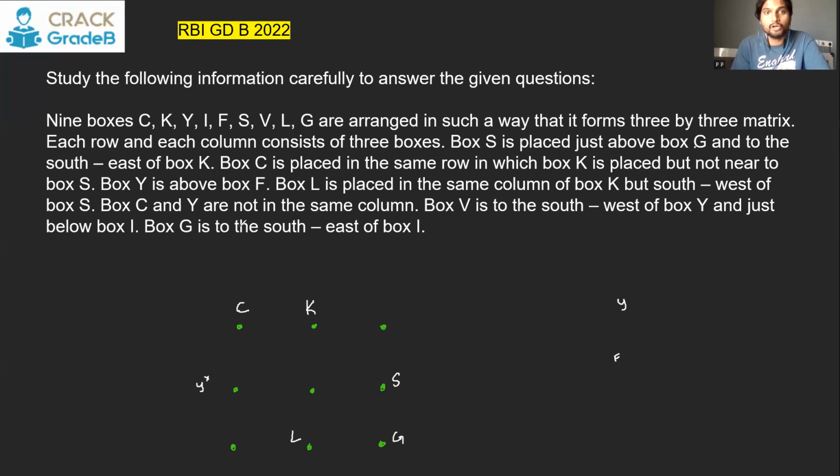C and Y are not in the same column, as we know that V is to the southwest of Y. So if Y is not these two, Y can now be this or this.